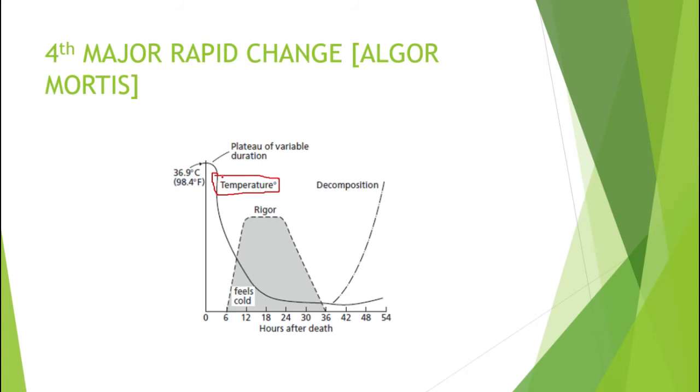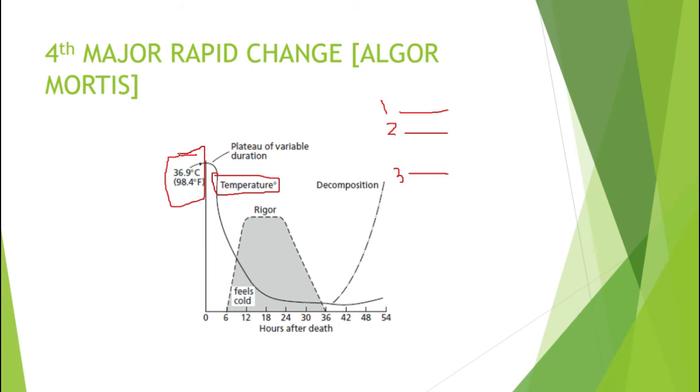And to estimate the exact time of death, we need to make assumptions. Rather, I should say three assumptions should be made in order to calculate the time of death from the cooling of the body. The first assumption is that the body temperature was 37 degrees centigrade at the time of death.